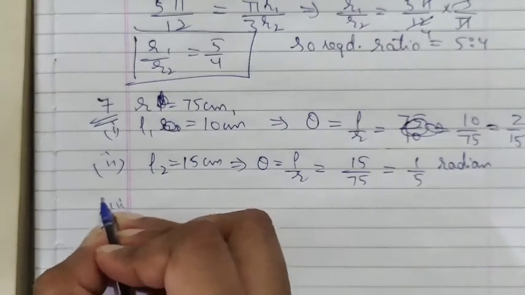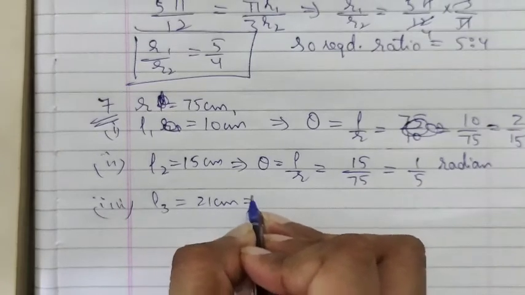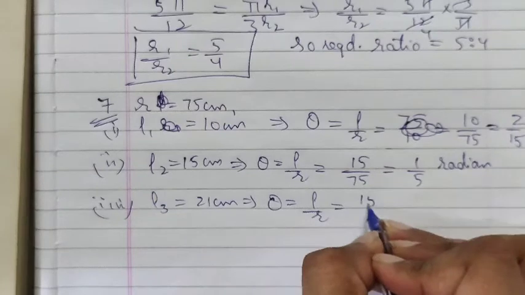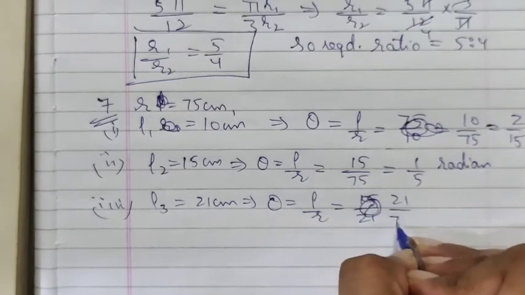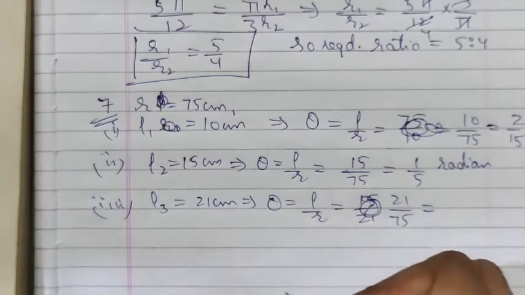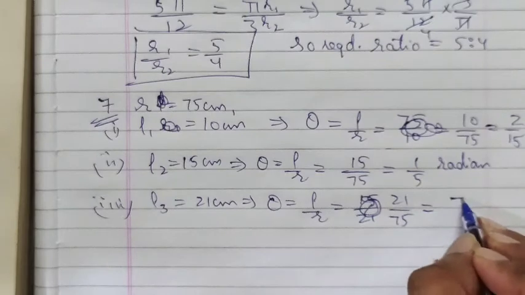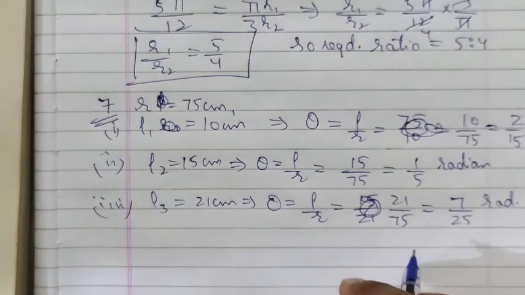Next, third part, 21 centimeters. So L3 is 21 centimeter. This implies theta is equal to L upon R, 21 upon 75. When we simplify this, it will be 7 upon 25 radian. So this is our answer.